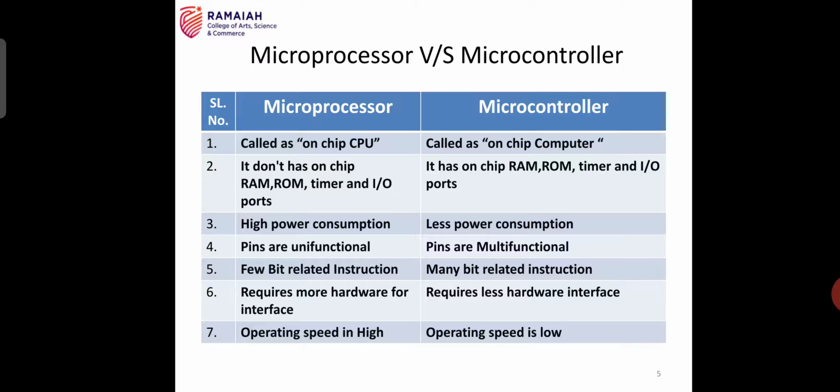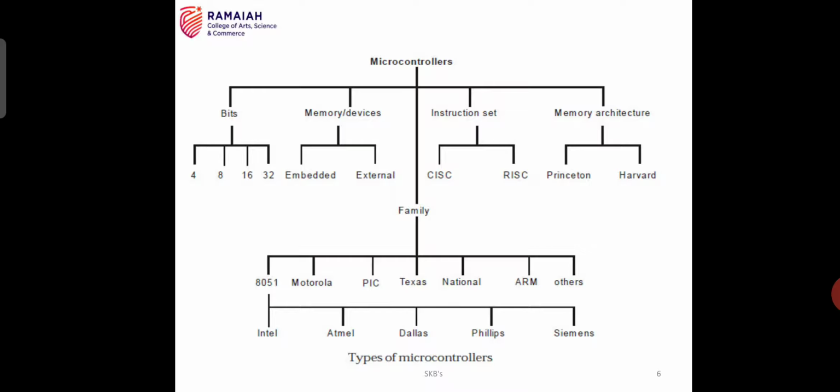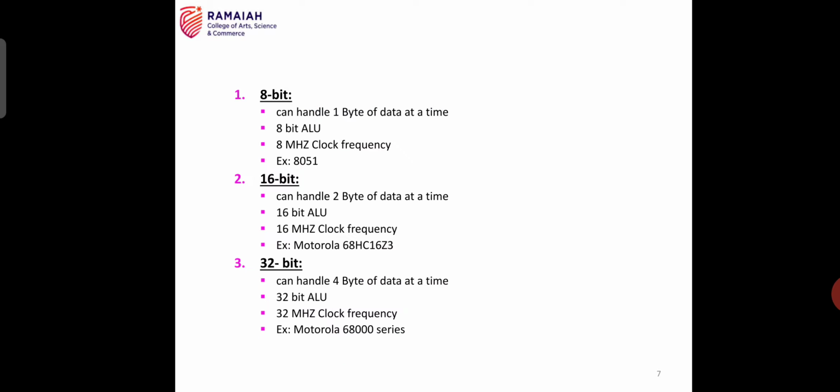And the fundamental comparisons or differences between microprocessor and microcontrollers we can observe in 7 points. And the microcontroller classification is based on word length, memory, instruction set, memory architecture, and manufacturing industries.